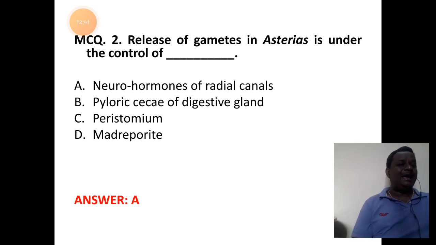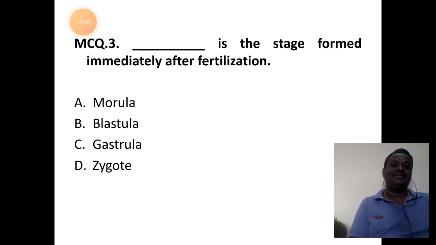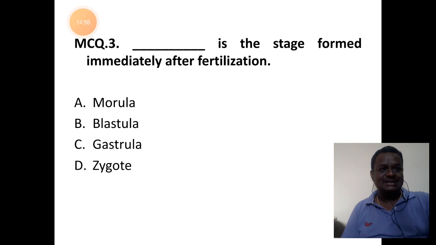So answer is A. Remember, release it is, but production is under the control of nutrients that are seen related to pyloric caeca of digestive gland. Third question, dash is the stage formed immediately after the process of fertilization. It is zygote. Answer is D.